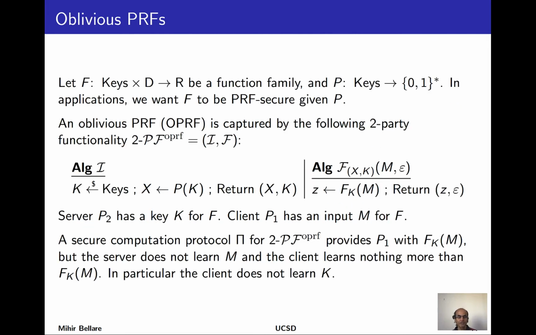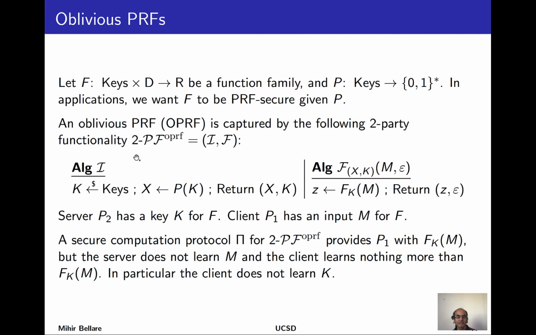All right, so now we turn to oblivious PRFs, and we'll begin by specifying a functionality because the functionality tells us what exactly we're trying to compute. So we'll fix a function family. This is going to be our PRF relative to this public key deriver called P. We're giving here a general definition, but you can keep in mind the previous example as the one we're going to be eventually interested in.